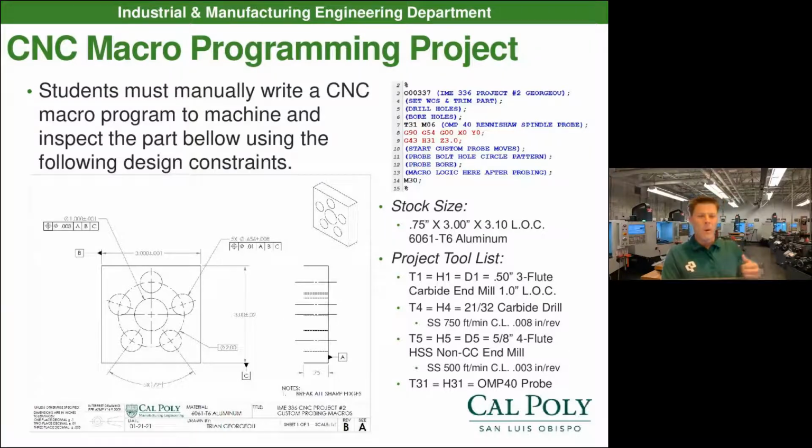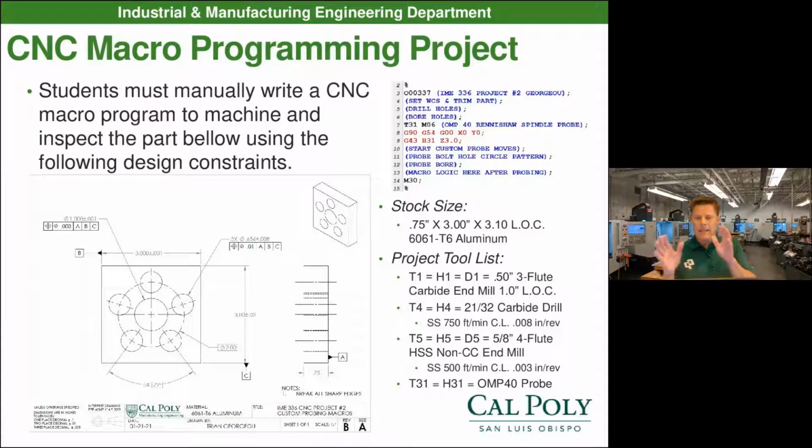As freshmen, we bring them into this Gene Haas material removal lab that you've seen right behind me here. And they're operators. They learn how to load parts, machine parts, inspect them, and basic stuff with the machine. And then in their sophomore, junior year, they take a basic CNC programming class, the IME 335, which both Professor Waldorf and I teach.